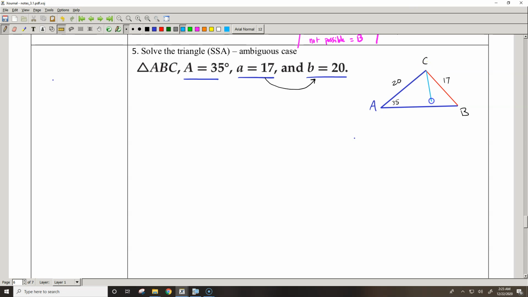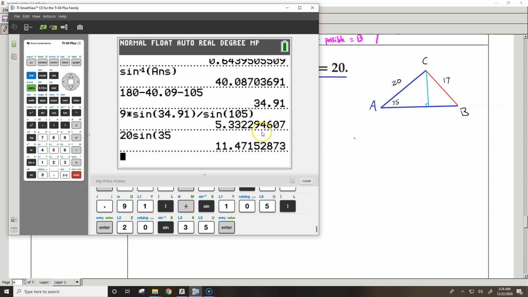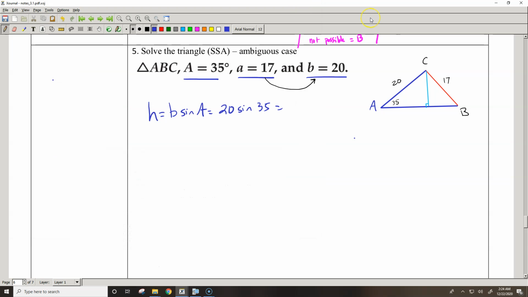The height is going to be B sine A, which in this case is 20 times the sine of 35. So 20 sine 35 is 11.47.